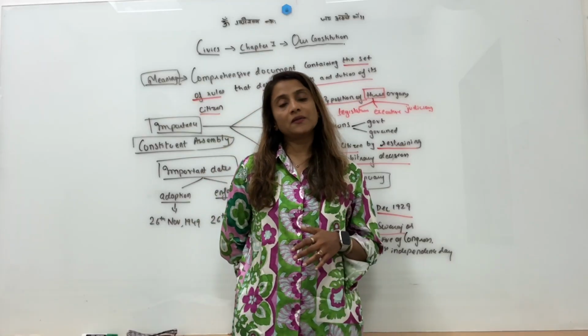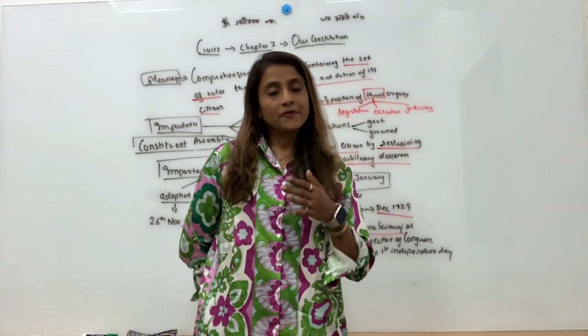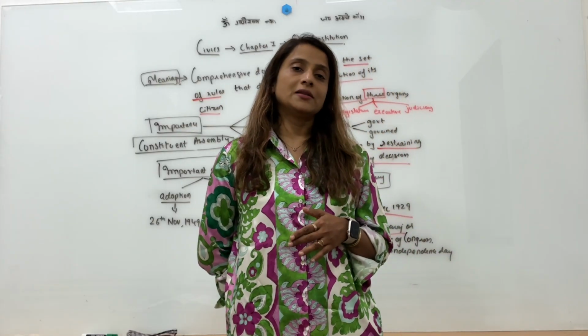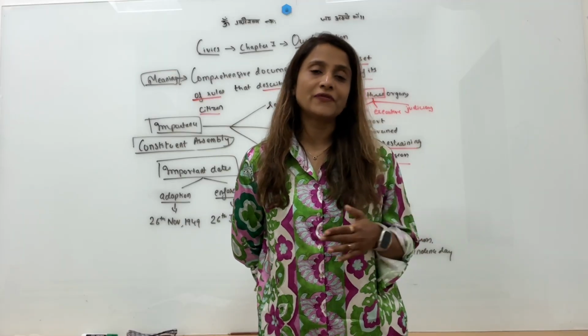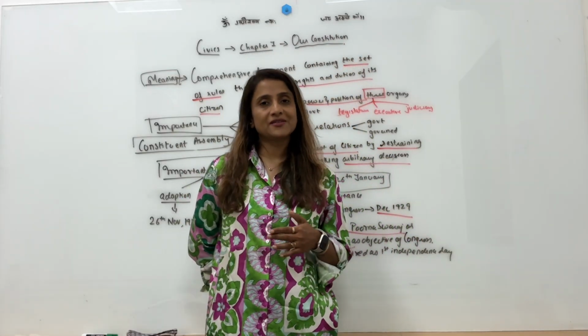Also, let me tell you one thing. When India got independence and our constitution was enforced, after our constitution was enforced, Rajendra Prasad, he became the first president of India, and Pandit Jawaharlal Nehru became first Prime Minister of India.